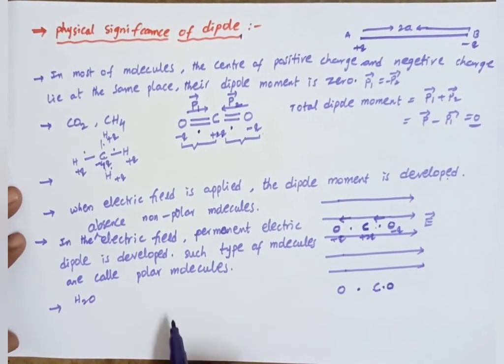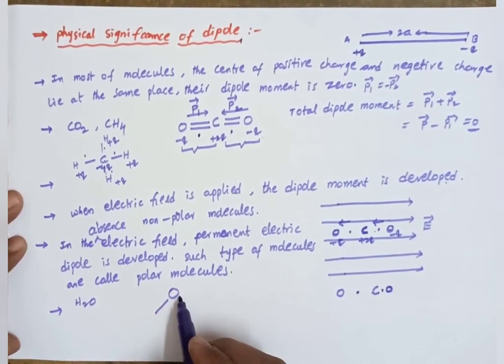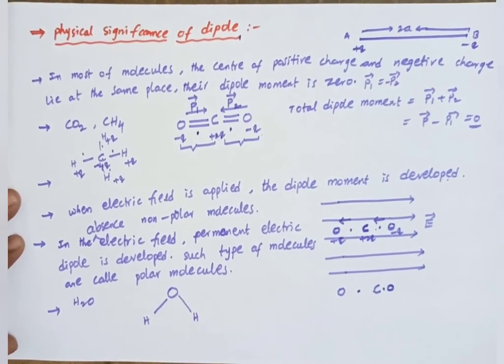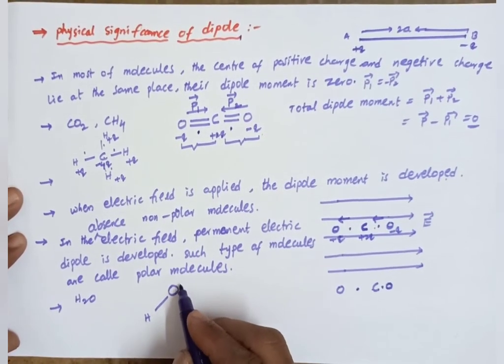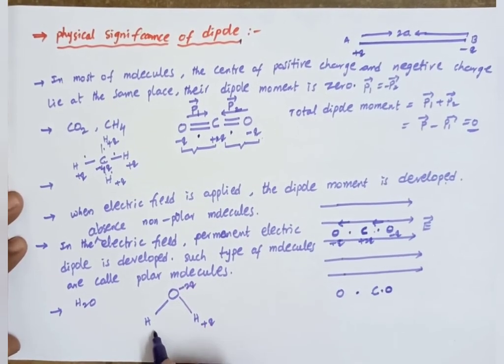For example H2O, the water molecule. Here oxygen is here, this is hydrogen, this is another hydrogen. So it is minus 2q, plus q and plus q.